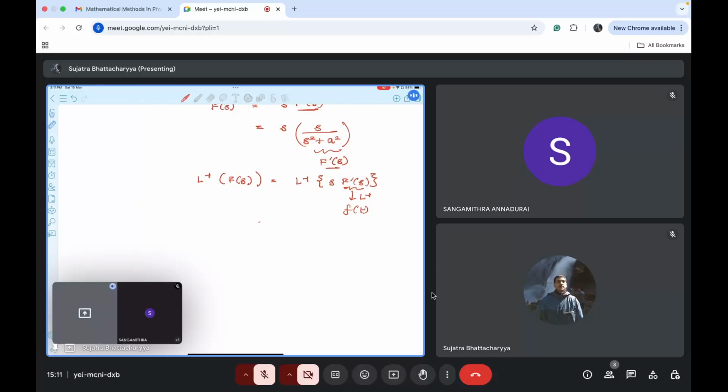If F dash(s) is this, then f(t) will be very clearly cos of at.